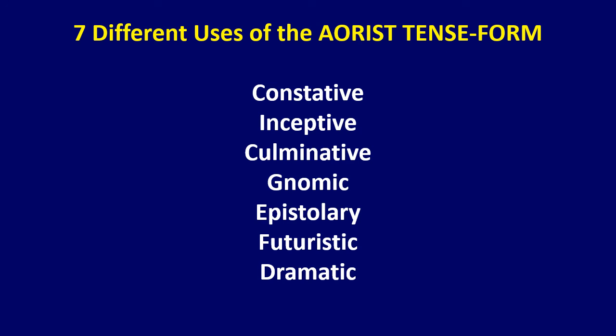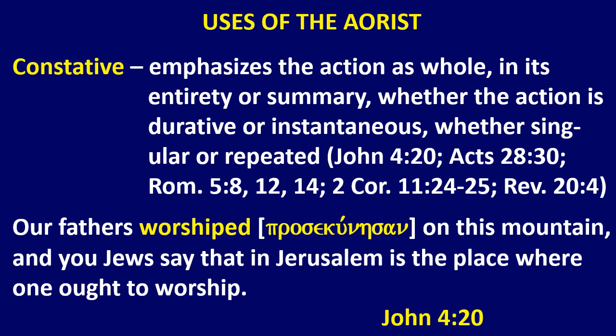And so I want you to be familiar with these to the point where if you see a verb that's aorist, you should be asking yourself now, what is the usage of that aorist tense form? Could it be constative? Could it be inceptive, culminative, nomic, epistolary, futuristic, or dramatic? Those are the examples that we're going to look at this time. And the first example is the constative use of the aorist.